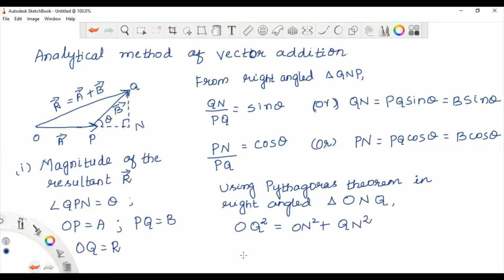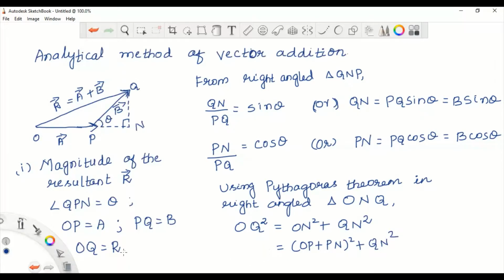Okay. So this ON square can be written as, what is this ON? ON is OP plus PN. So can you write it as OP plus PN the whole square plus QN square.